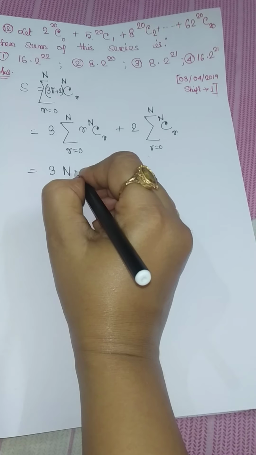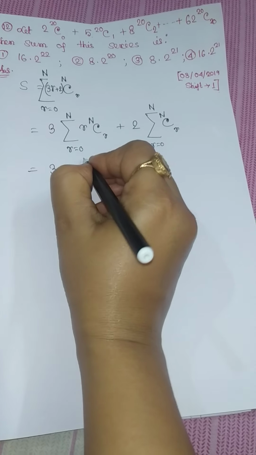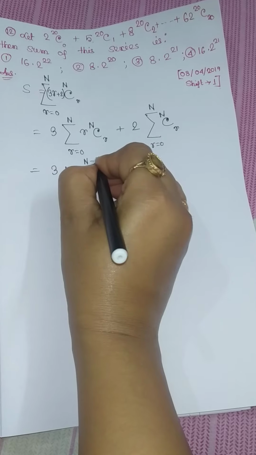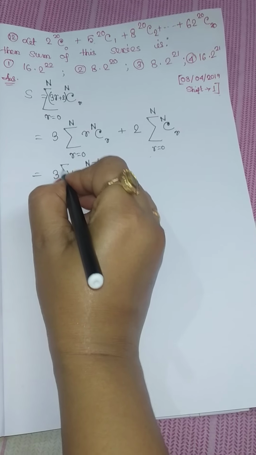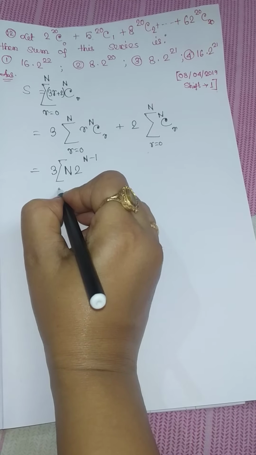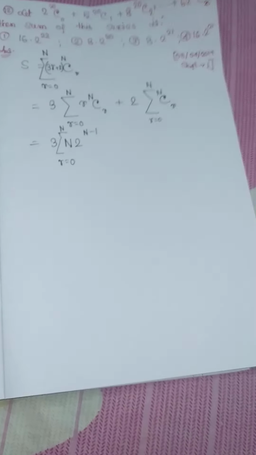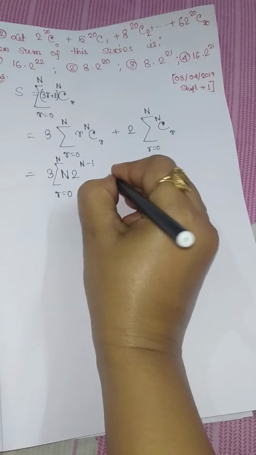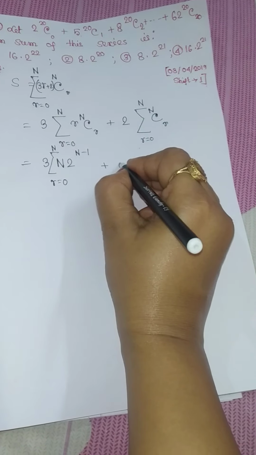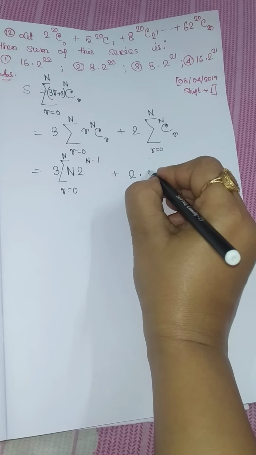So, 3 into N into 2 to the power N minus 1, summed over R equal to 0 to N. And this is 2 into 2 to the power N.